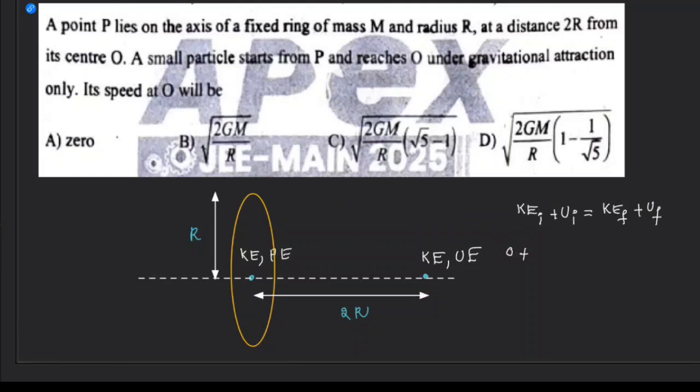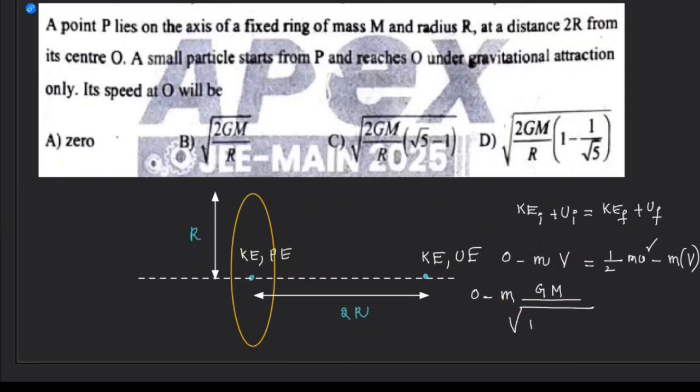So 0 plus the potential energy here, M into potential at this point, will be equal to half into M into V square plus the potential energy at the center, minus M into potential at the center. So 0 minus M into potential at this point can be written as G M by under root of r square plus x square.